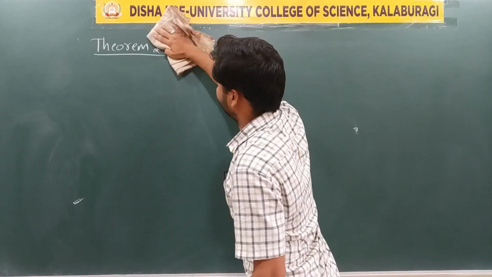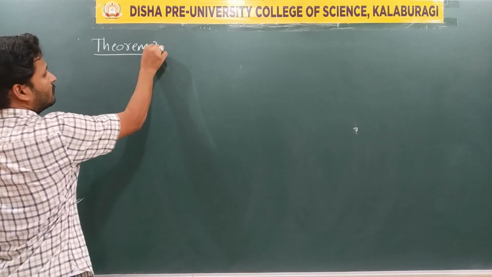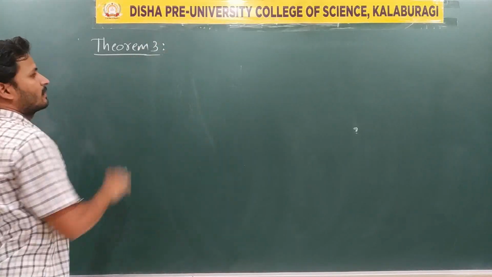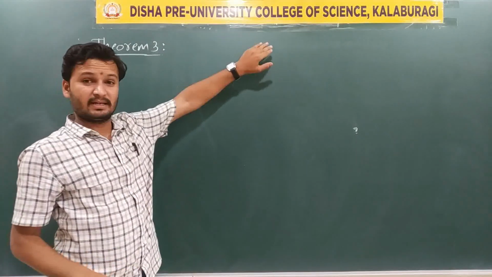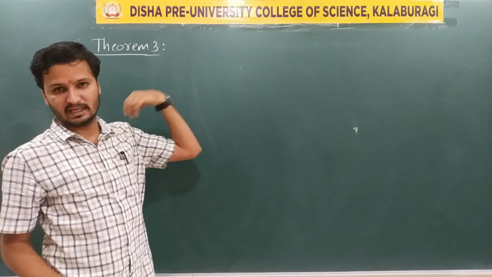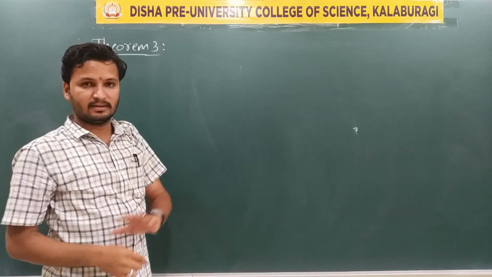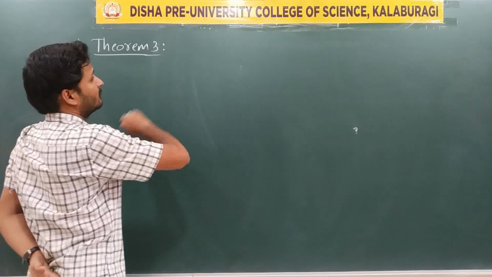Theorem number 3 statement, write down. Again, for any real numbers x and y, but here there is a condition we are imposing on x and y. I will tell why.